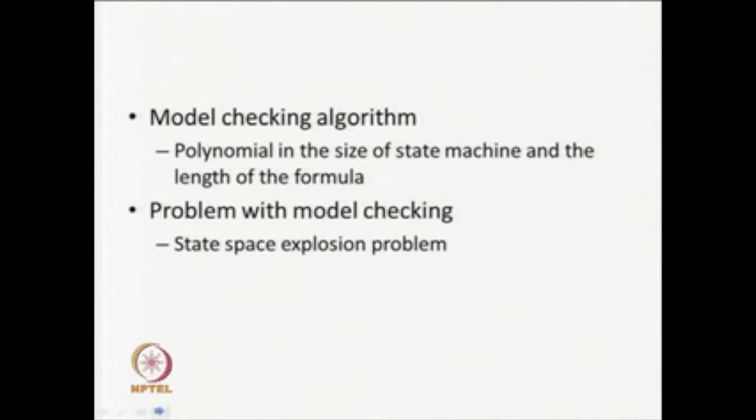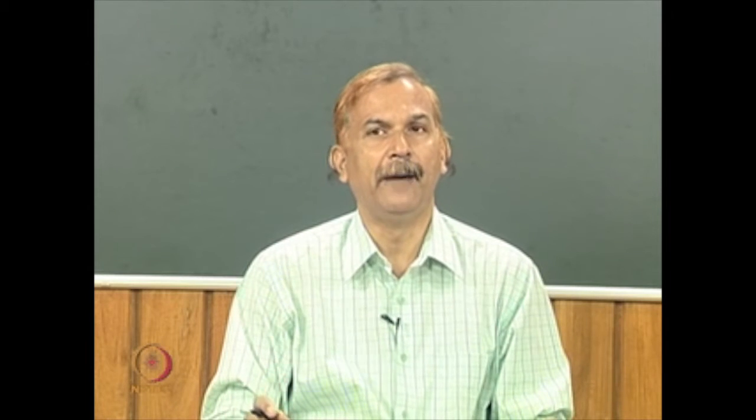So, we have a polynomial time algorithm and an automatic methodology. We can implement it, and automatically check whether a given formula is true in a given model or not. Manual intervention is not required. So, we are happy with that.